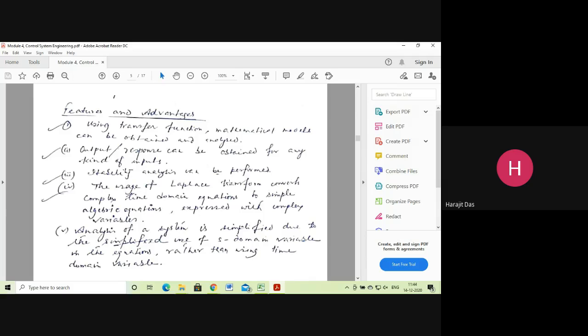The Laplace transform converts complex time domain equations to simple algebraic equations. So with the help of this transfer function, we can convert those complex time domain equations to simple algebraic equations.